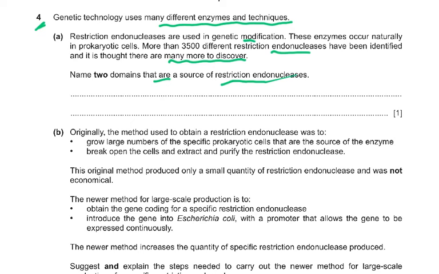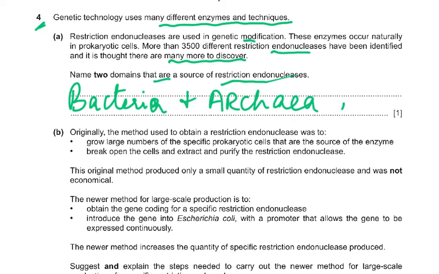Well, you know that it's bacteria and archaea. So bacteria are where they are contained because they cut down alien DNA. So bacteria and archaea. That got you 1 mark.